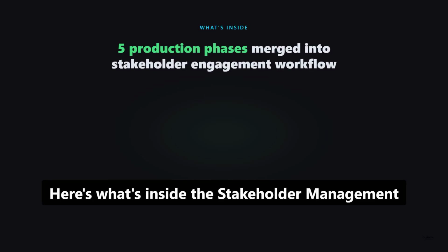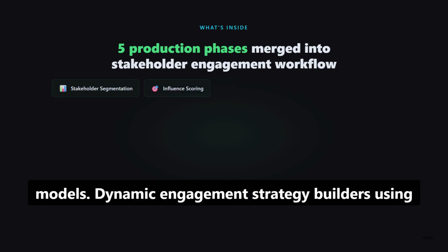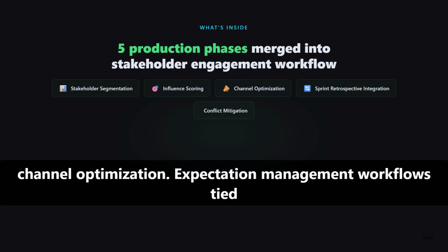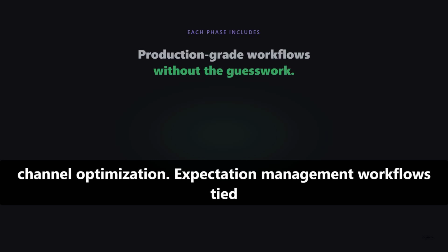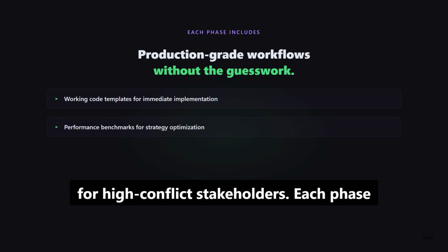Here's what's inside the Stakeholder Management Pack: data preparation with stakeholder segmentation models, dynamic engagement strategy builders using influence impact scoring, communication plan generators with channel optimization, expectation management workflows tied to sprint retrospectives, risk mitigation modules for high conflict stakeholders.